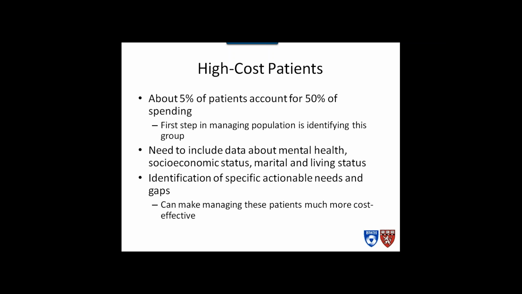The way that we do this is we assign each of these patients who our primary care providers think will benefit from it a care coordinator, and that care coordinator works with them. But the care coordinators are also expensive, and they need to know what to do. What I think big data can do for us is help identify specific actionable needs and gaps.